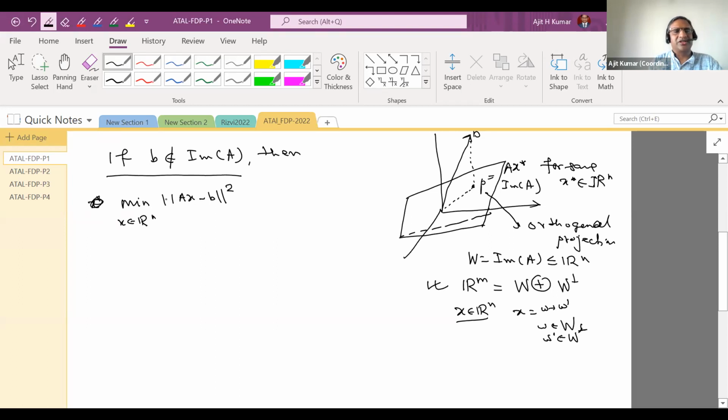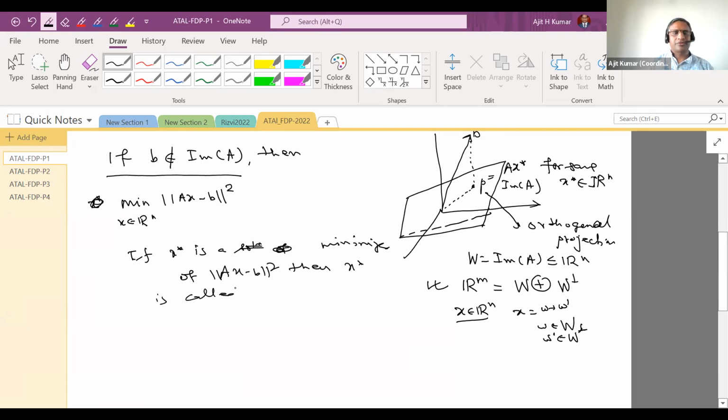You call this a function and minimize it. If X star is a minimizer of norm AX minus B the whole square, then X star is called the least squares solution of AX equal to B. That is the definition.